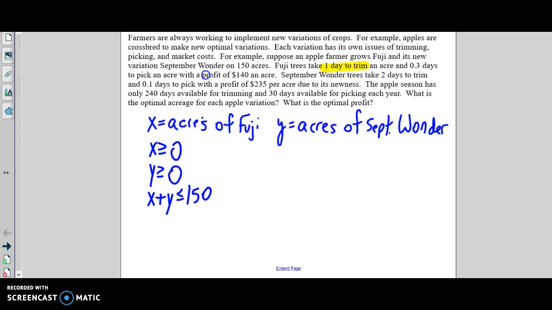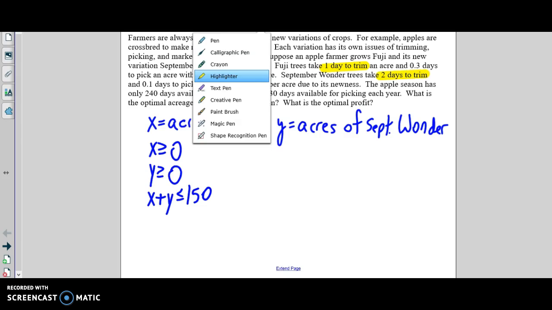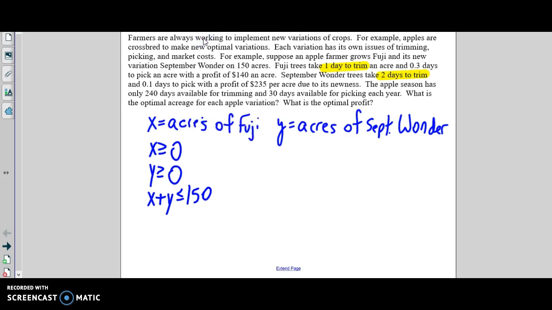My Fuji takes 1 day to trim, my September Wonder takes 2 days to trim. That means that X plus 2Y has to be less than or equal to the 240 days that I have.